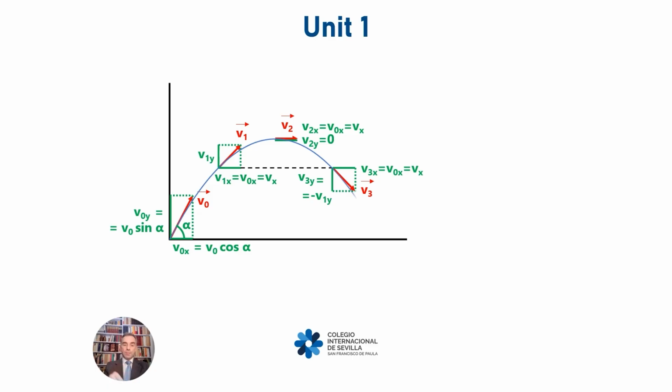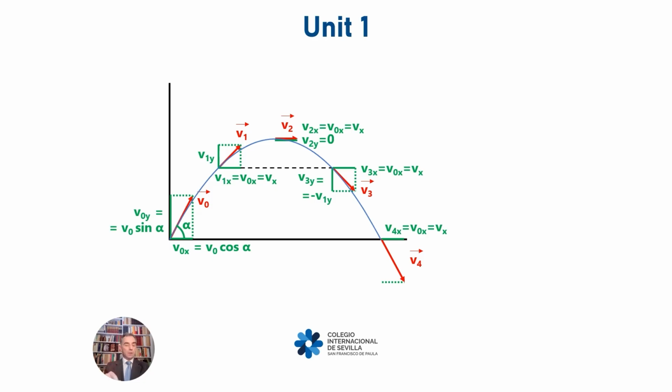We keep moving and we end at the same height as we started. When we draw velocity at that point, it will be tangent to the trajectory, and we clearly see that V4 has the same horizontal component as we have had through the entire process because it does not change.